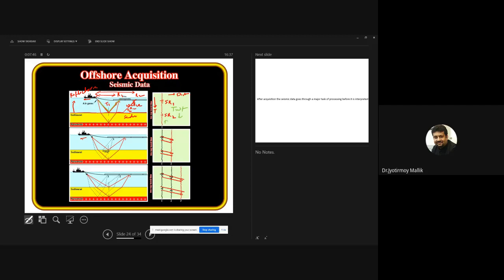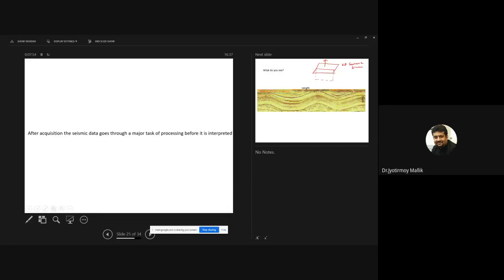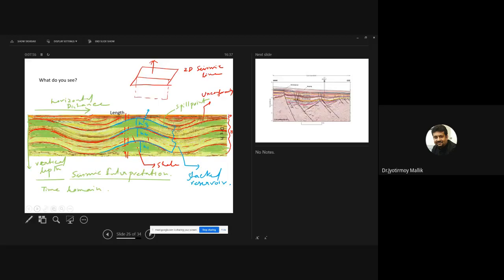So I can also have a seismic image where, other than depth, I plot TWT. Two-way time can be plotted here as well. Then you do something called depth conversion.